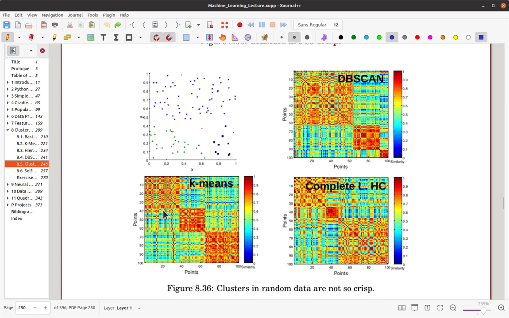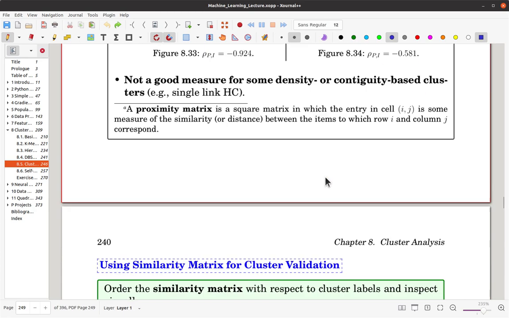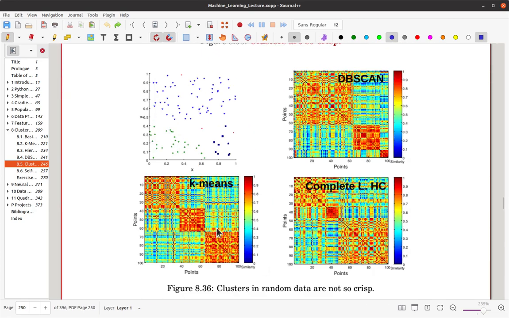Now for k-means, a relatively equal number of points are selected for each cluster. You can see from over there, there's one class, another one, now another one, right? Okay. That is a result from k-means, and there is the similarity matrix visualized. And along with the complete linkage hierarchical clustering method, it has such three clusters.